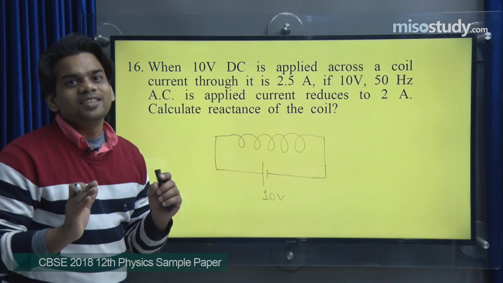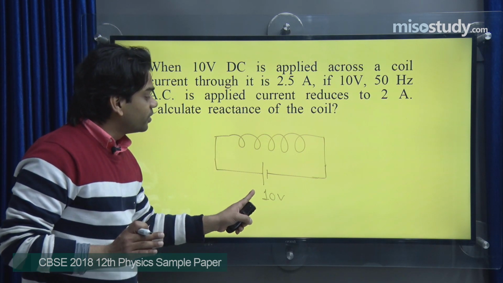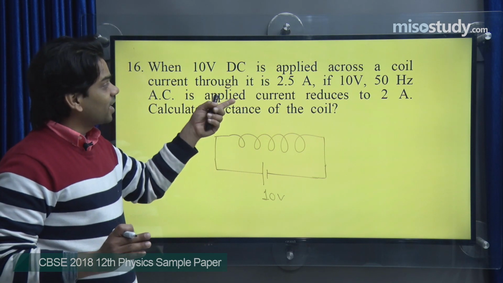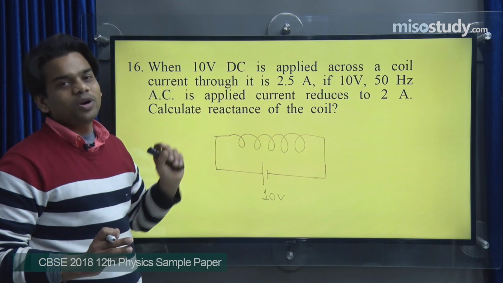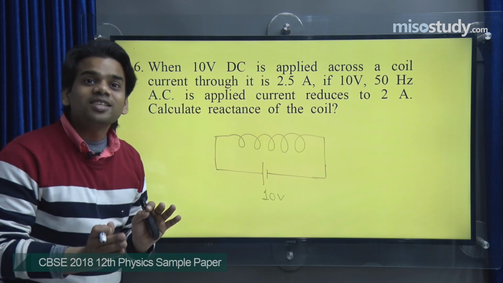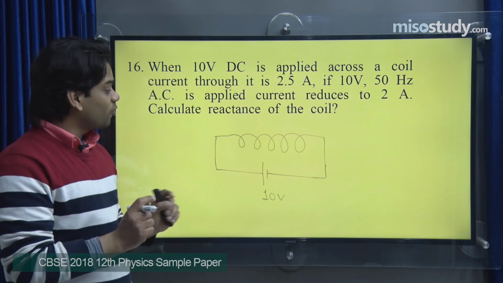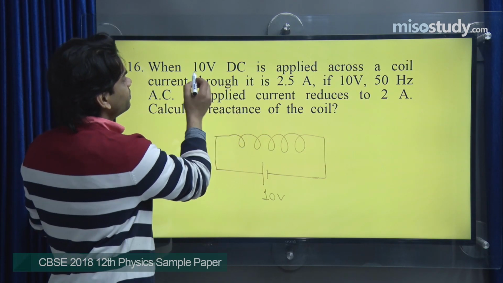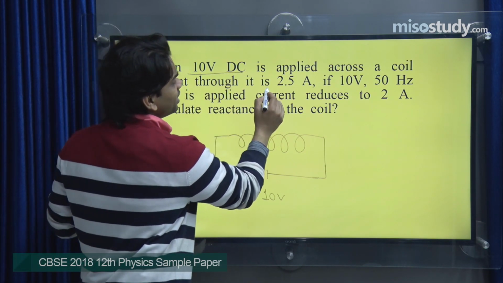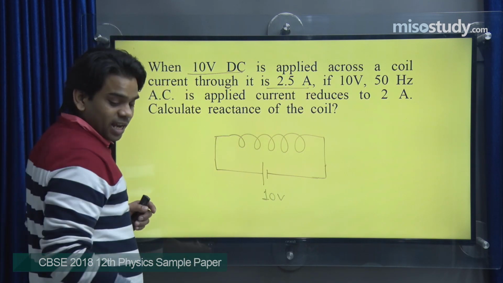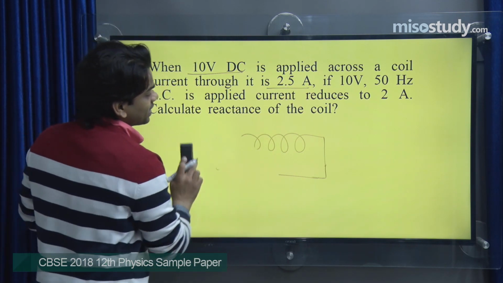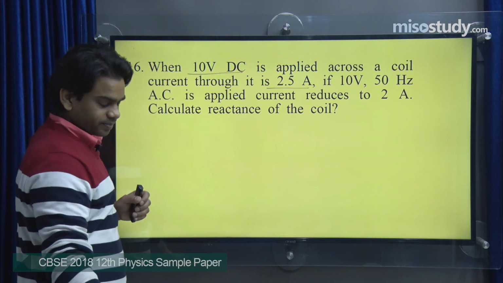Now think wisely. This is a coil. If a DC source is applied and current is measured, that is 2.5 ampere. That means it has some resistance. First of all, with the given first data, 10 volt DC and 2.5 ampere, can we calculate the value of the resistance of this coil?